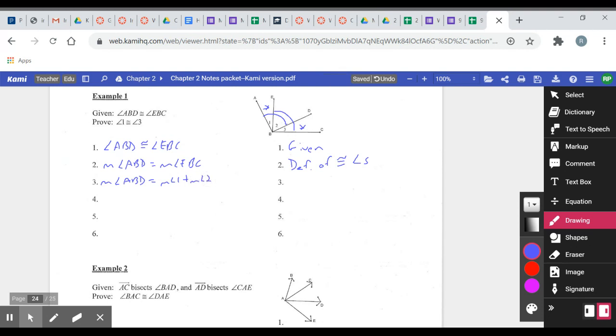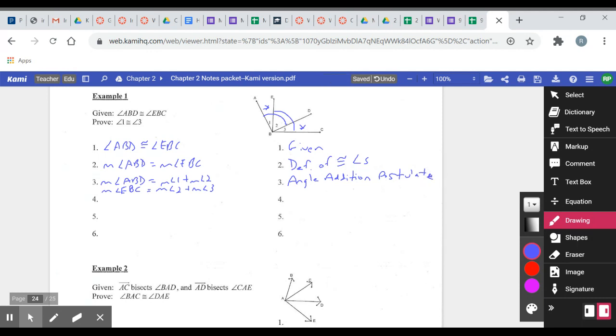I can also see that the measure of angle EBC is equal to the measure of angle 2 plus the measure of angle 3. I put all of that in line 3. There's not a lot of room, but I tried to squeeze it there. And that is the angle addition postulate, like we just reviewed above, where again the two little angles have to be equal to the big angle.